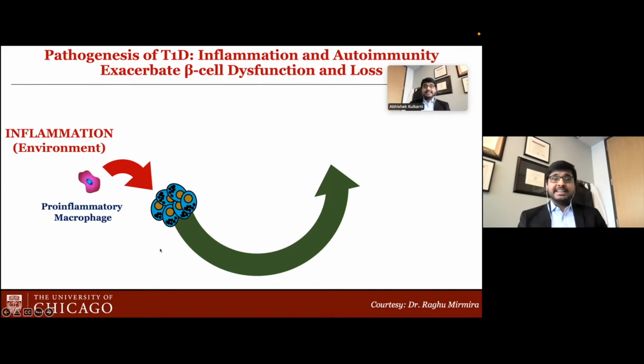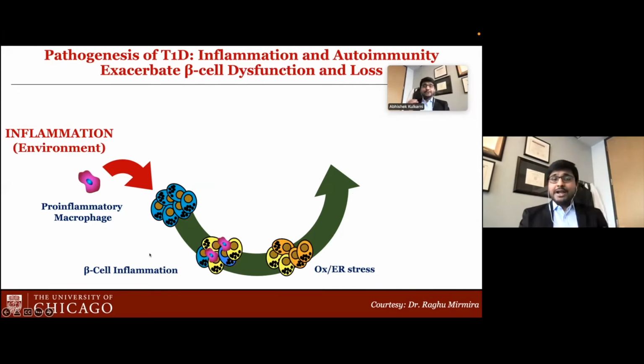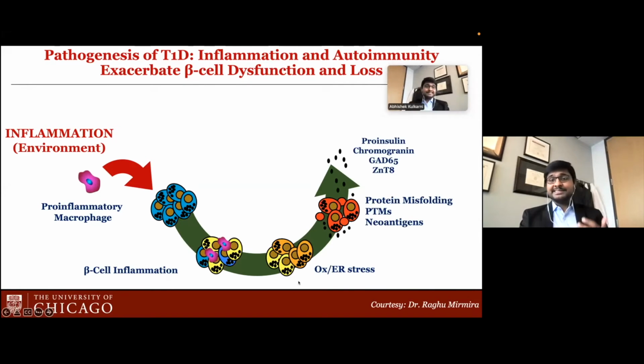Due to some genetic or environmental factors, which could include the pro-inflammatory macrophages, there is induction of inflammation in these islet beta cells. Due to activation of inflammation in the beta cells, it promotes oxidative as well as ER stress, leading to misfolding of proteins, post-translational modifications, as well as generation of neoantigens.